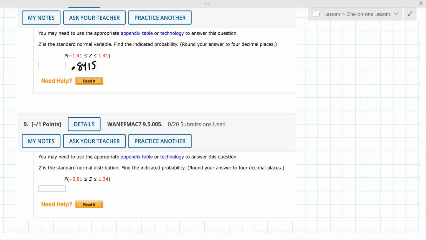Okay, you can try the next one, please. These are a little bit harder to do if you had to look them up in a table, but you don't have to. You have technology on this. You may want to make sure that you're okay to use technology, because in a table there are 2 steps, and then you subtract the values. 0.7009 for the next one.